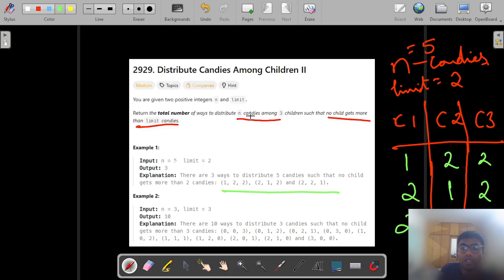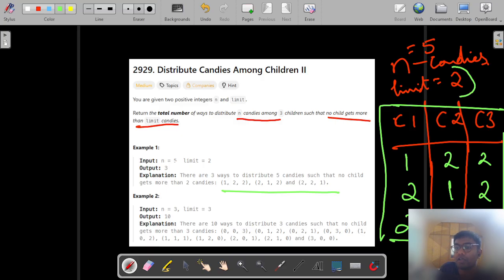Total number of ways to distribute candies among three children such that no child gets more than limit candies. So these are the three different ways that we can distribute the five candies among these three children, considering limit as two, right? And we are not exceeding the limit of two at any place. So at some point of time each child is getting one candy.